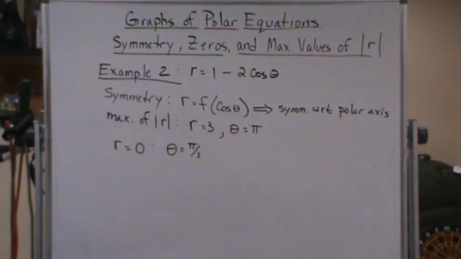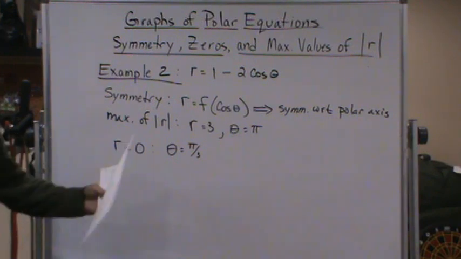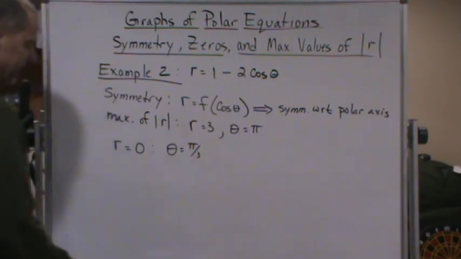Okay, so again, this is why it's important to know your unit circle. Because if you memorize your unit circle and you know what these special angles are, and you know the sine, cosine, and tangent of these, then you can get a lot of this information quickly.